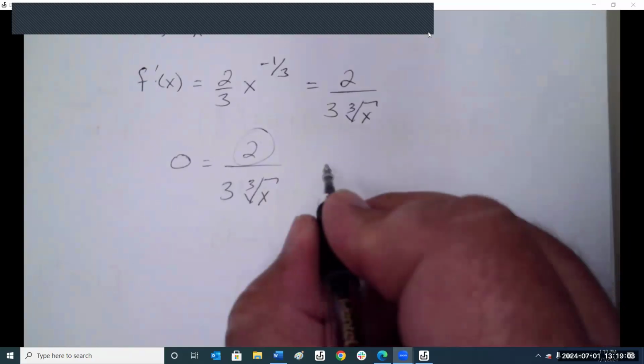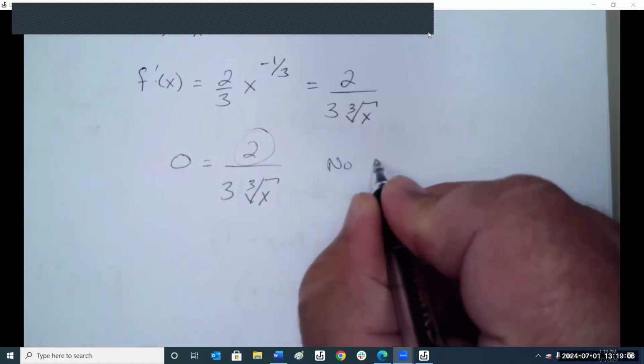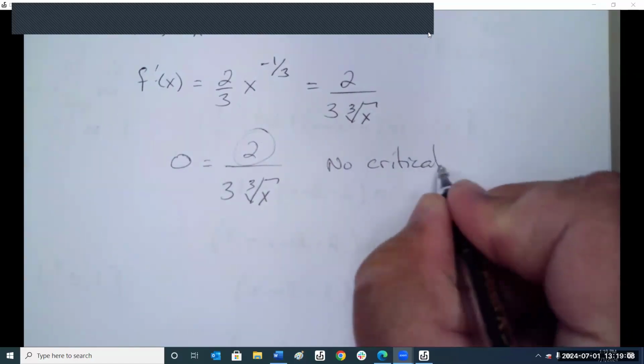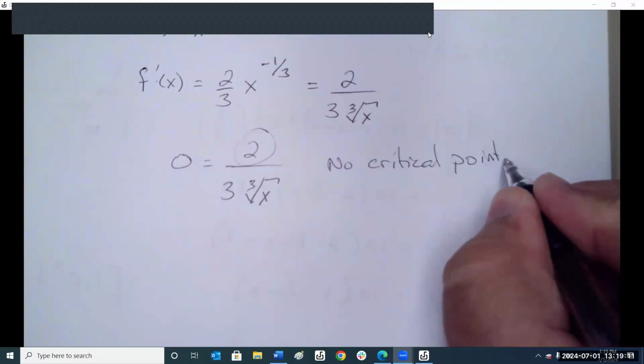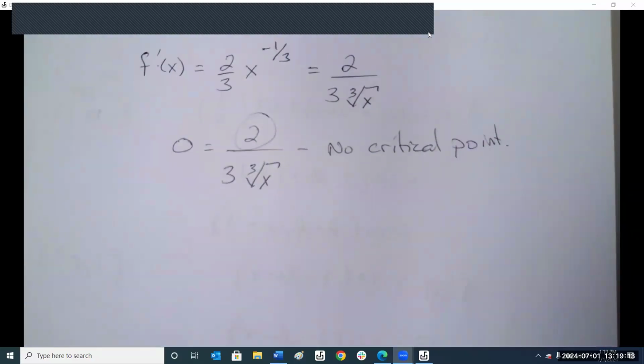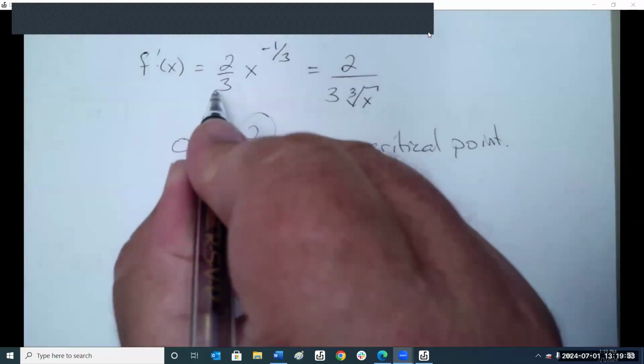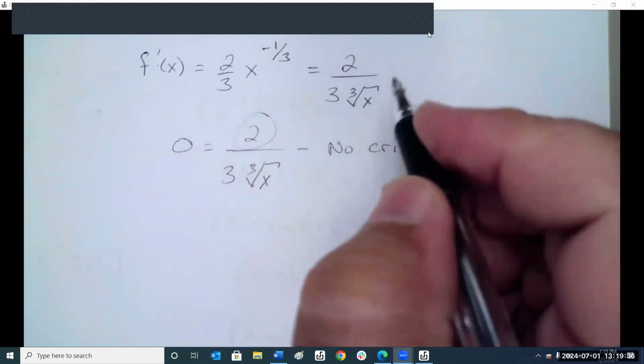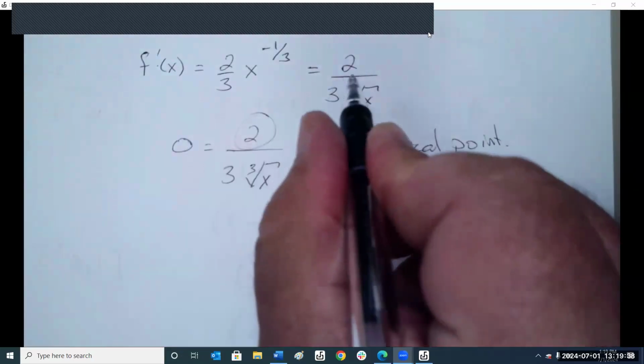So no critical point. This is looking at, can the slope ever be 0? The slope can never be 0.